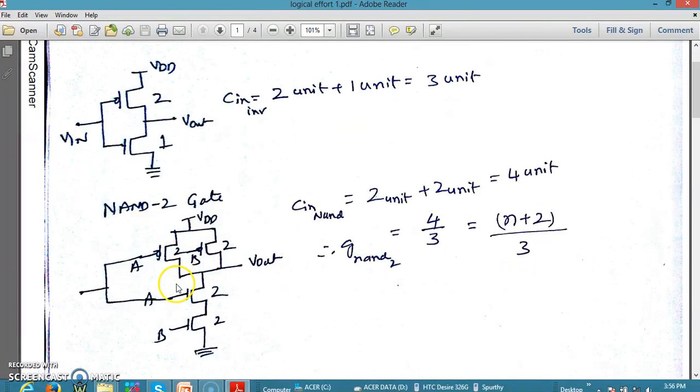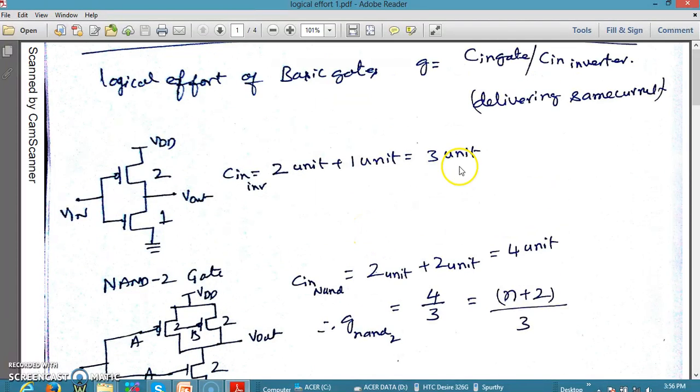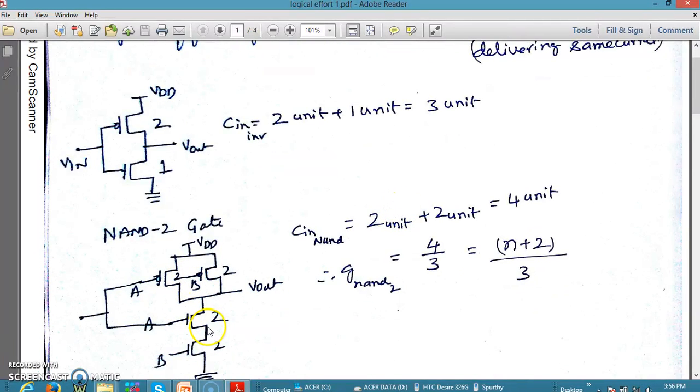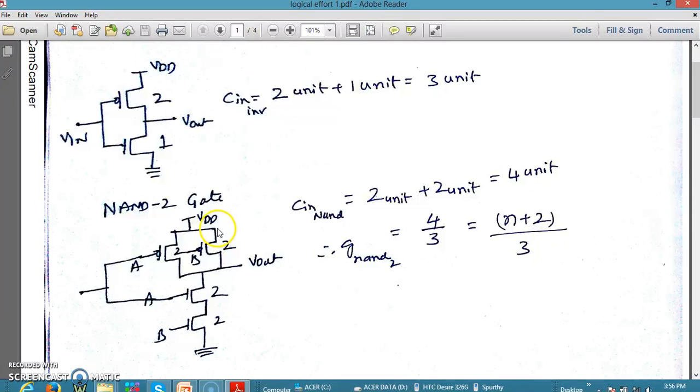Now we should see what the G of a 2-input NAND gate is. We know that G is defined as Cin of the gate divided by Cin of the inverter. In order to have the rise time and fall time of this NAND gate equal to that of the inverter, we have scaled the NMOS transistors by 2 times, so that the total Rn is exactly Rn; each transistor contributes Rn by 2, and Rn by 2 plus Rn by 2 gives Rn. The PMOS are scaled by 2 each, because they are in parallel.